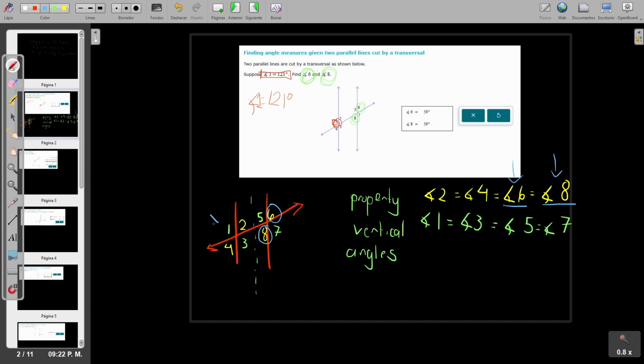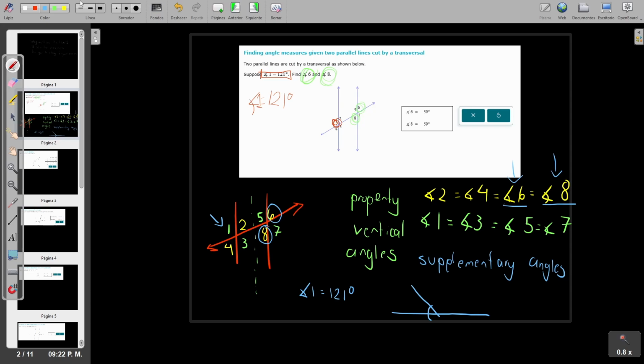We already know the value of angle number 1. That is angle number 1 equals 121 degrees. So remember, we're going to be using supplementary angles, which means there are angles divided by a diagonal.